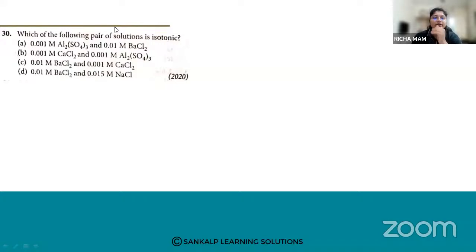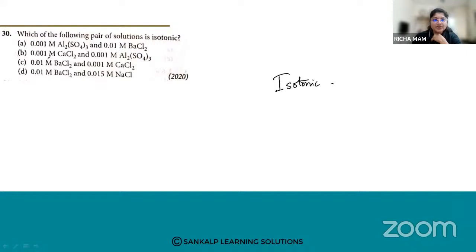Which of the following pair of solutions is isotonic? A: 0.001 molar Al2(SO4)3 and 0.01 molar BaCl2.